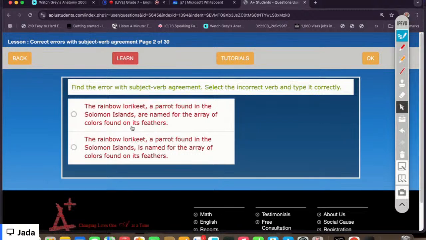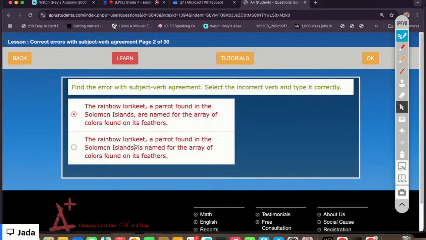So we have this one. Find the error. So we have the rainbow lorikeet, a parrot found in the Solomon Islands, are named for the array of color found on its feathers.